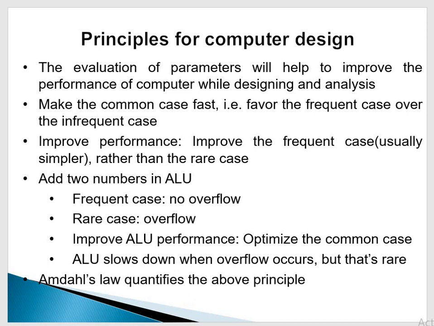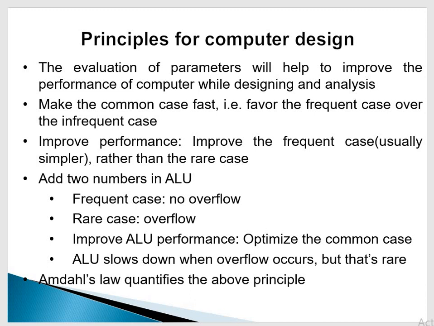Now what will happen if we go with this particular approach? Naturally, we will improve the performance of our arithmetic and logical unit. And what will happen if the rare case occurs? No doubt, if a rare case occurs, the performance of the ALU will slow down because we have not improved anything in the machine for the overflow case.